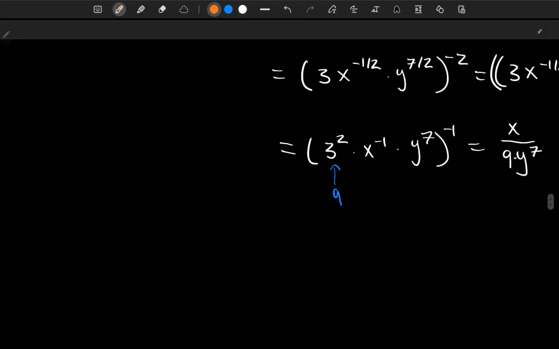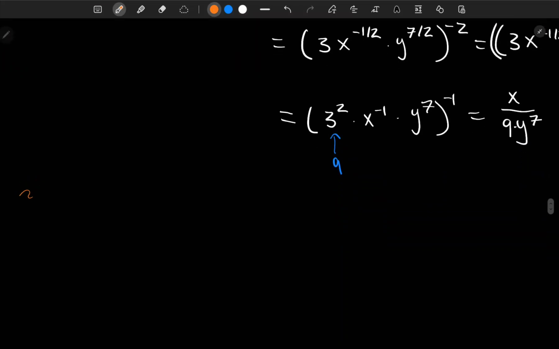Okay, next, you should be able to expand and simplify expressions.